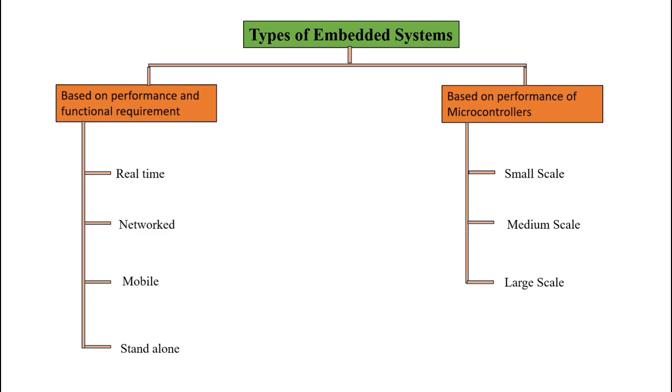Based on the performance of microcontrollers, they are divided into small scale, medium scale, and large scale. Small scale means it does a specific small task, like giving an alarm when a door is opened.